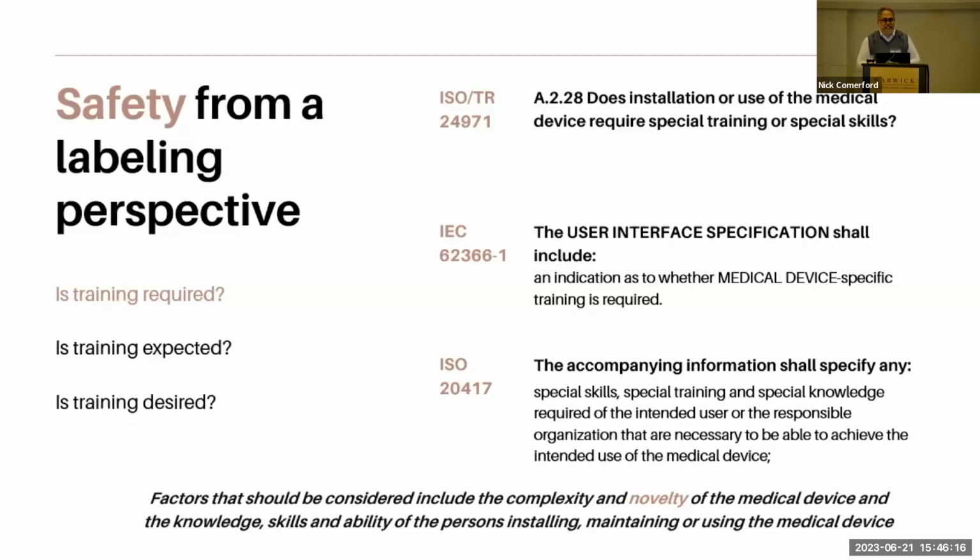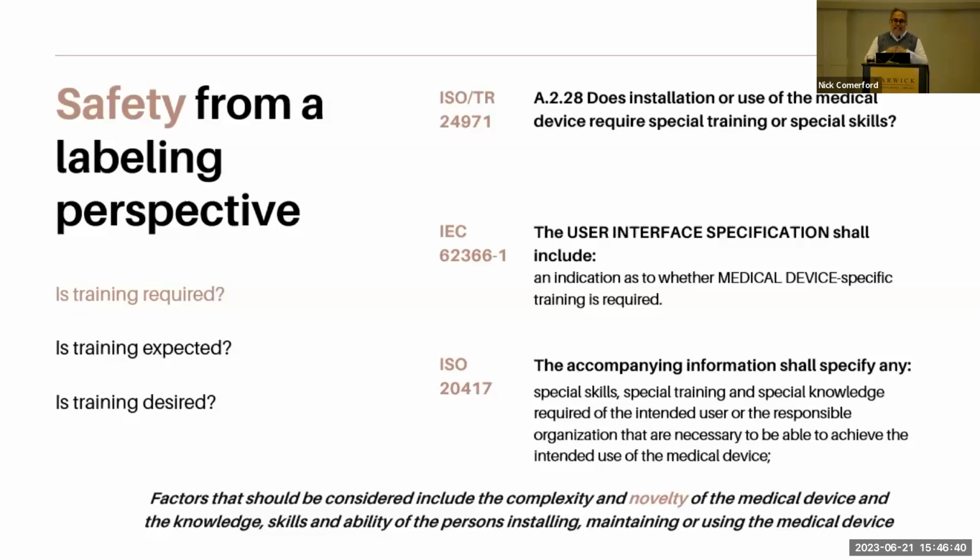For human factors, I think folks have covered the big two, which is risk management, 14971, and 62366-1. You better know those inside and out, because there's a lot of stuff folks do, like I heard a sample size of 15 and a few other things, that you don't have to do for human factors.